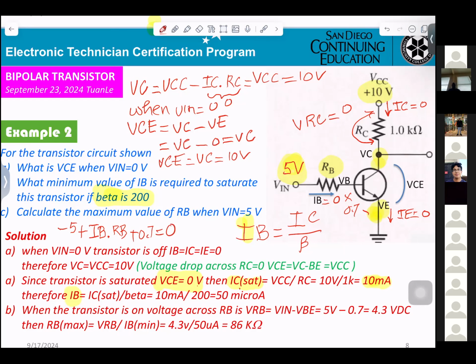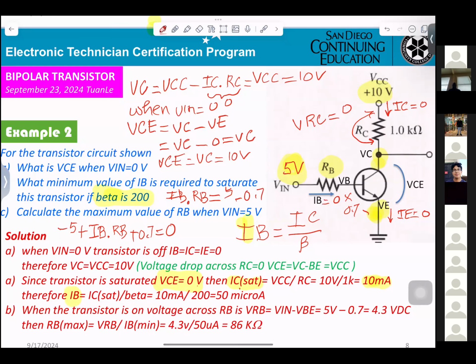Then now you can see IB times RB equals, you move minus 5 to the right, you get 5. Move 0.7, minus 0.7.